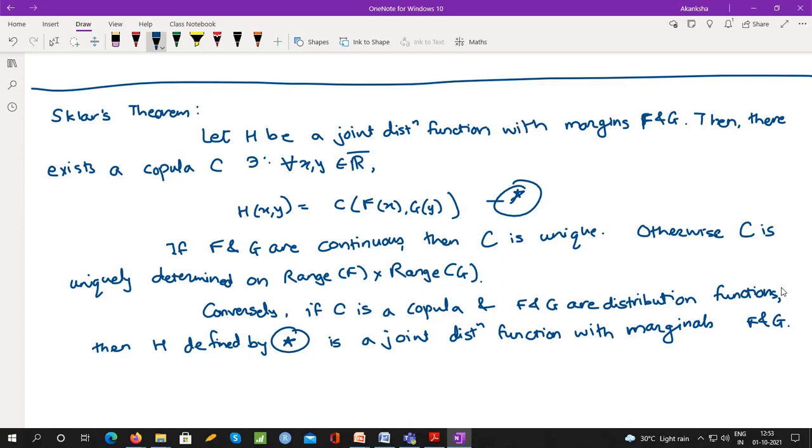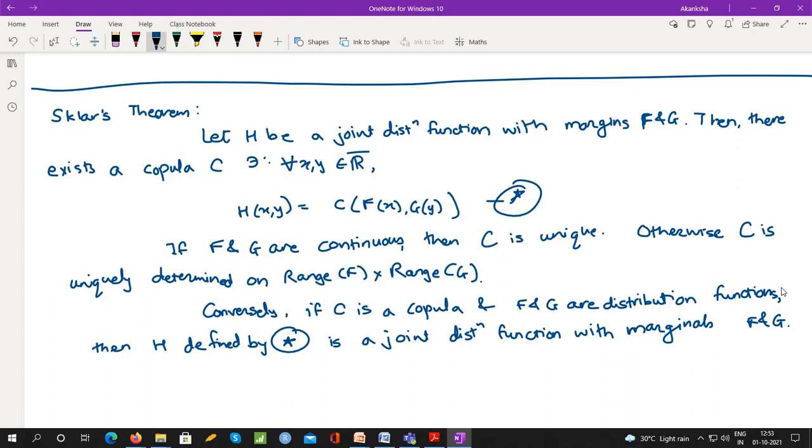Which means that if values of marginal distribution functions are known at all points, then using the copula you can get the joint CDF at all points. Correct? Because F(x) is known, G(y) is known, and the form of C is known, then you can get H(x,y) by computing C of F(x) and G(y).